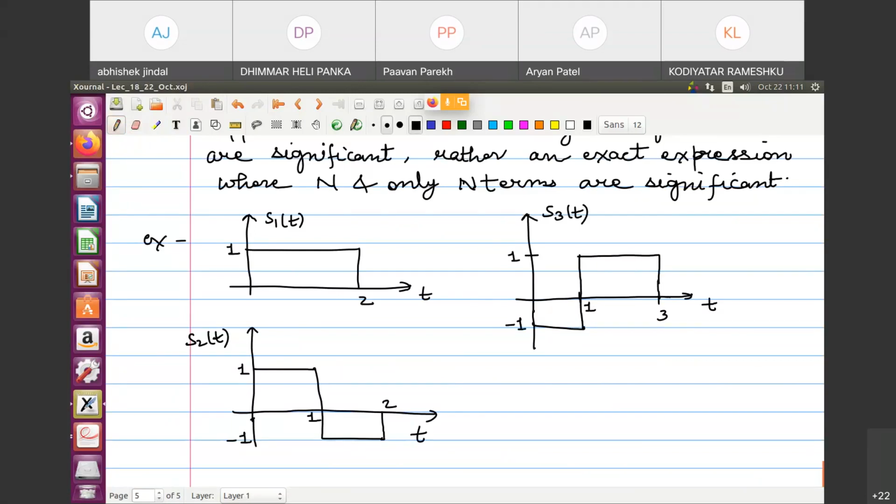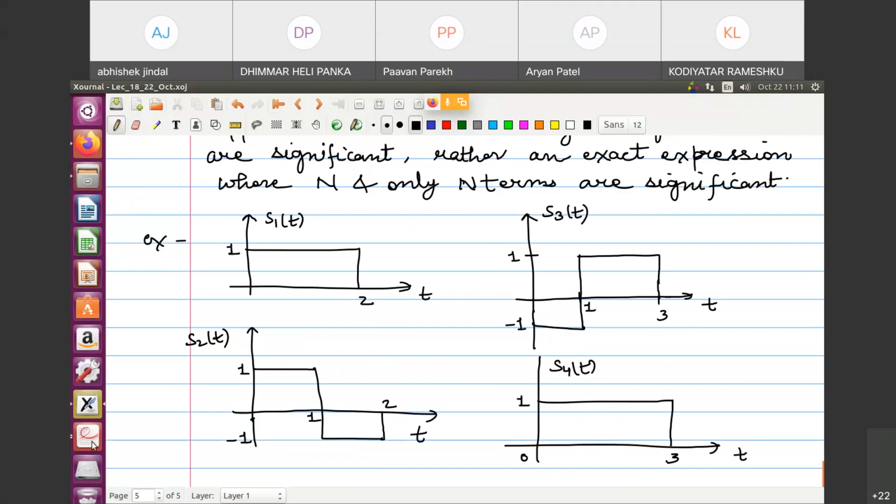Okay, and we have one S4(t). So we want to apply the principle we have learned over this. This is S4(t). This is t. This is t.